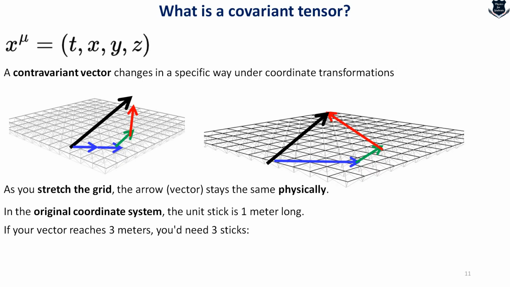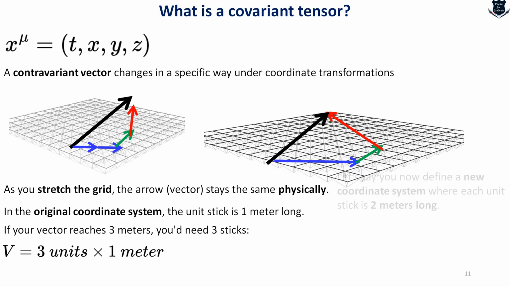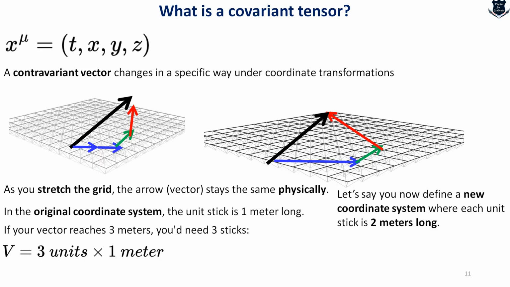However, if you reach out to the vector, you now need 3 sticks instead of 1, 2, 3, 4. So if I now measure the vector, it will be 3 units multiplied by 1 meter. So if you define the coordinate system where each stick is 2 meters long, I would just take 3 by 2, that is 1.5 units.